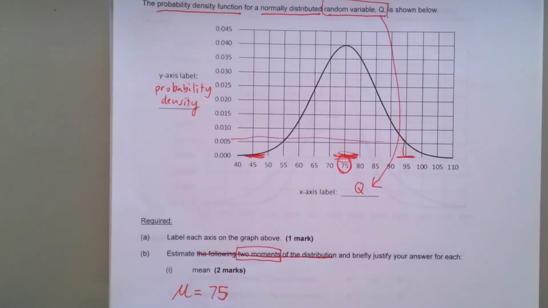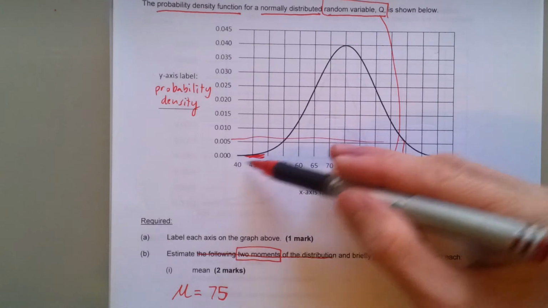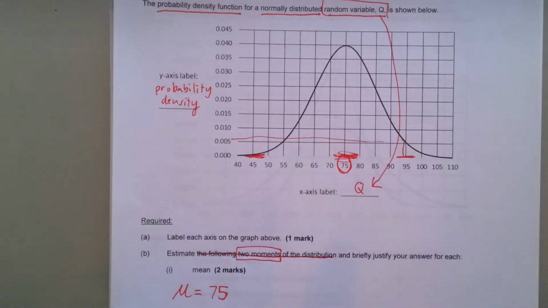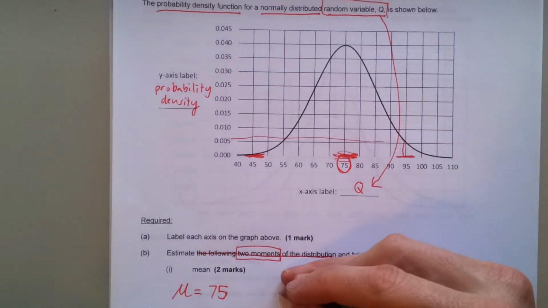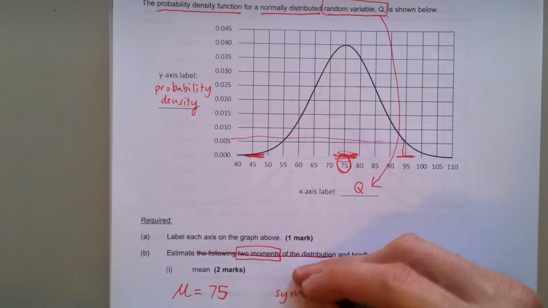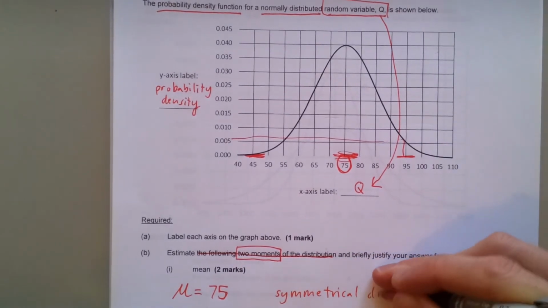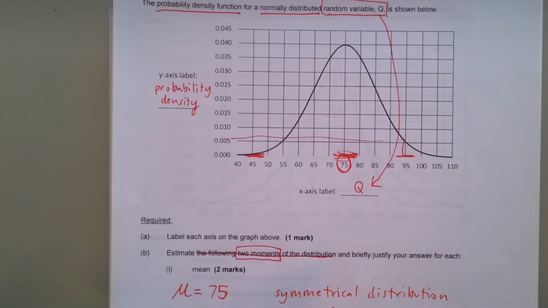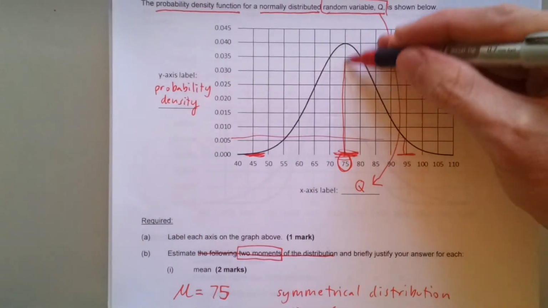How do we justify that? So remembering that the mean is the expected value of the variable, it's the average value. If we look at the normal distribution, it's symmetrical, so it's evenly balanced on either side, equally weighted on either side, and because the distribution is symmetrical, so I'm going to say symmetrical distribution, this means that the line of symmetry is equal to the mean, because it's going to be equally balanced on either side of that line of symmetry.